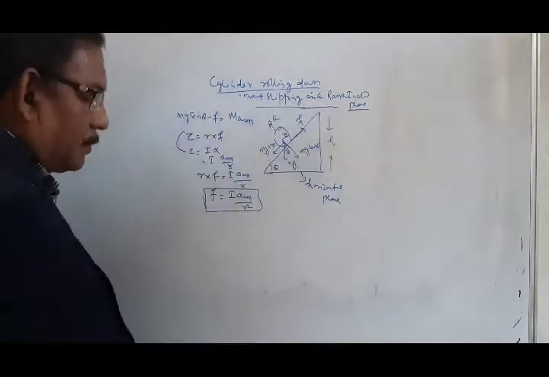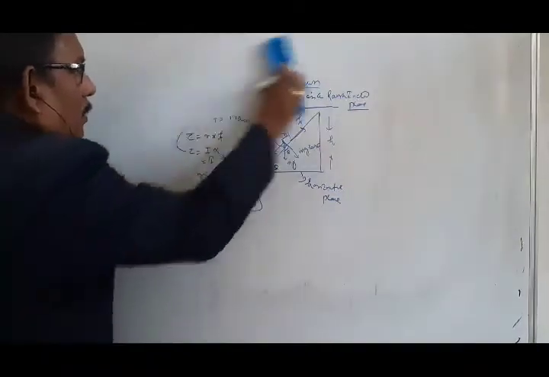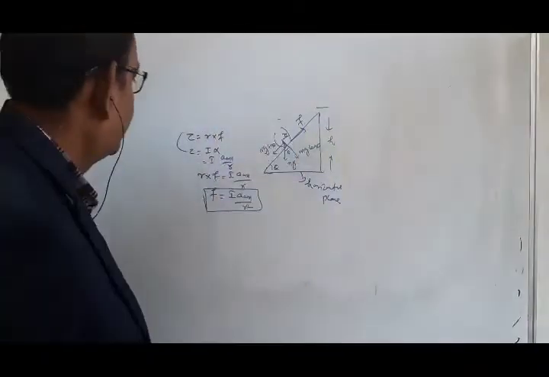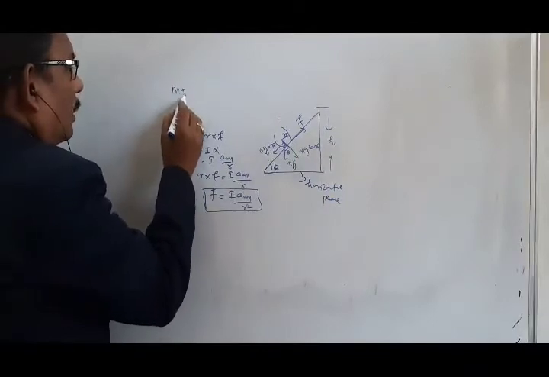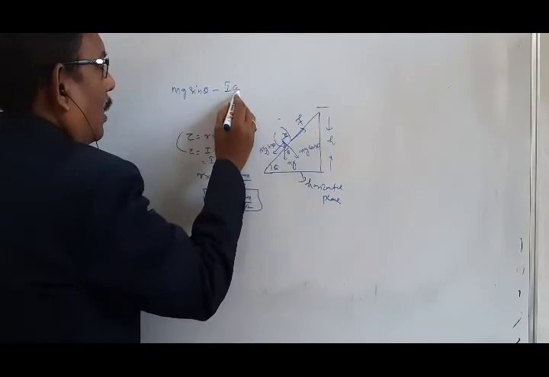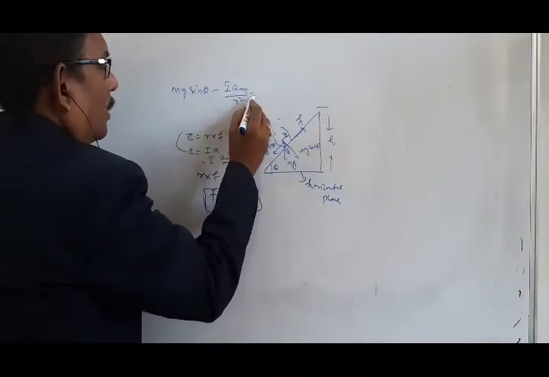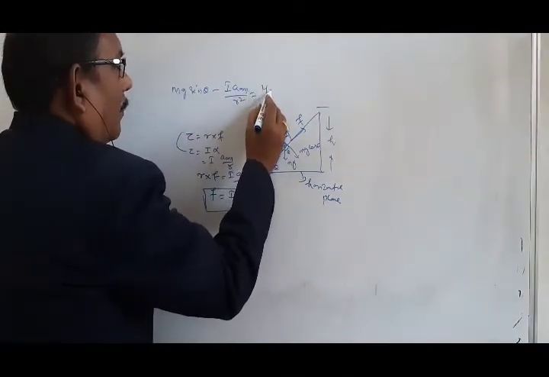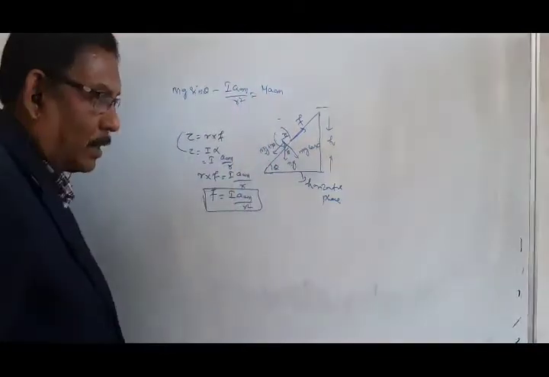Put this value here. The equation now becomes mg sin θ − I a/R² = ma.